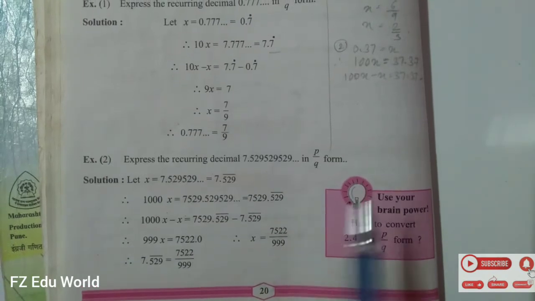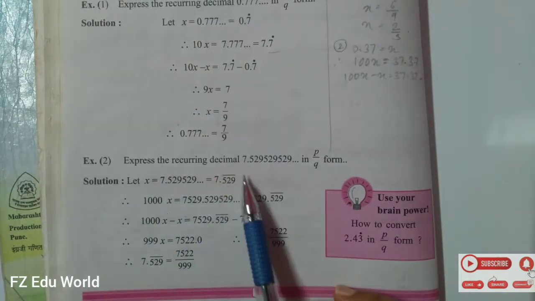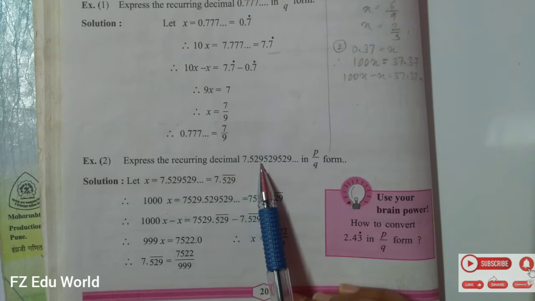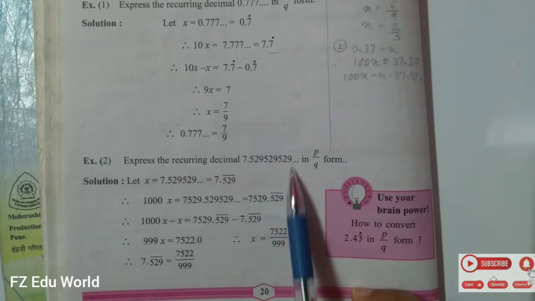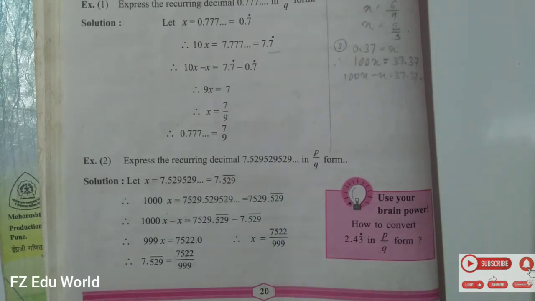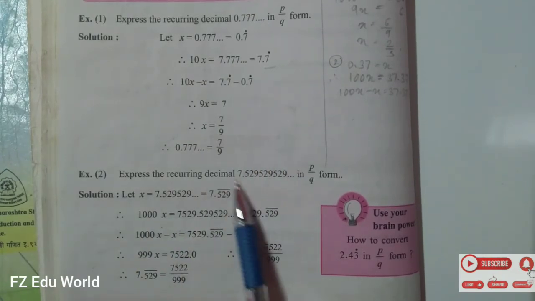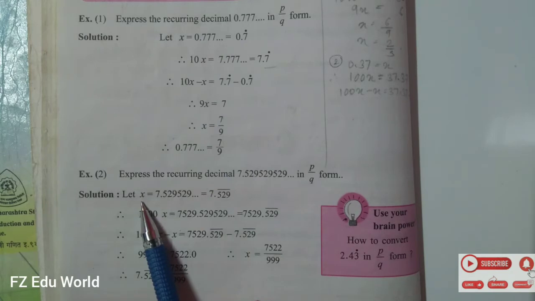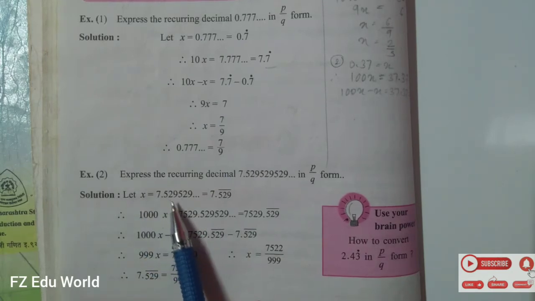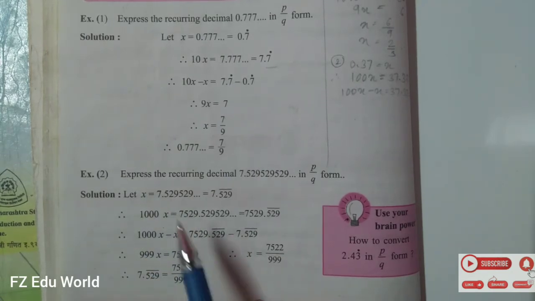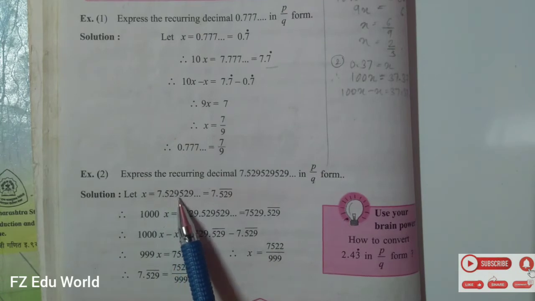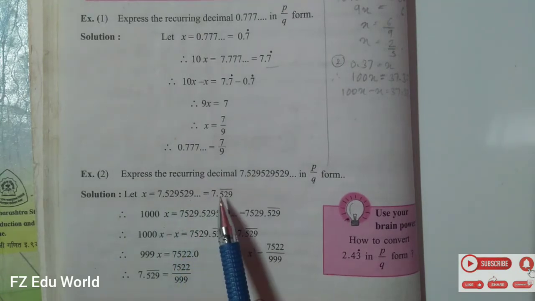Now in the second example, express the recurring decimal 7.529 in P upon Q form. Let this recurring decimal be equal to x. Now we observe what is going to repeat, that is 529 is going to repeat.